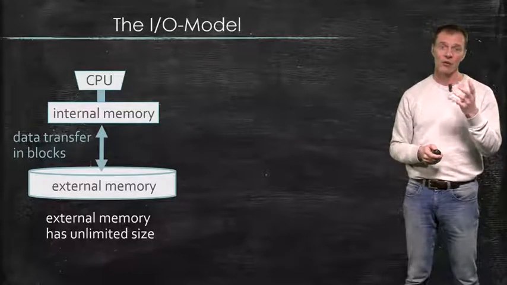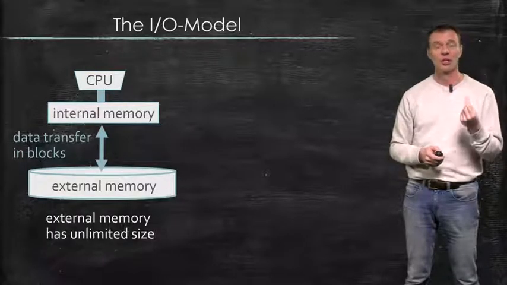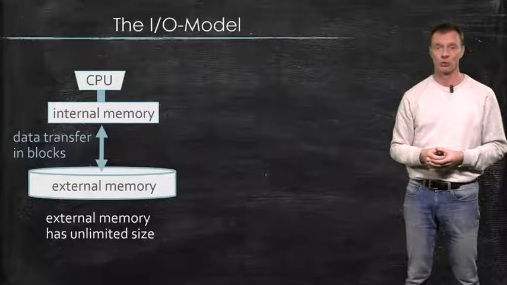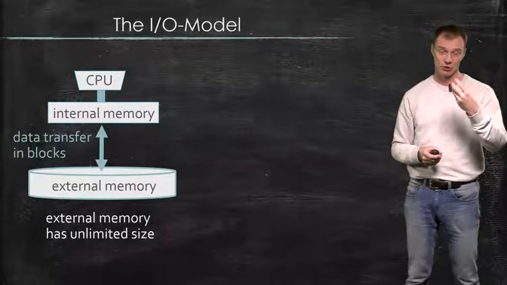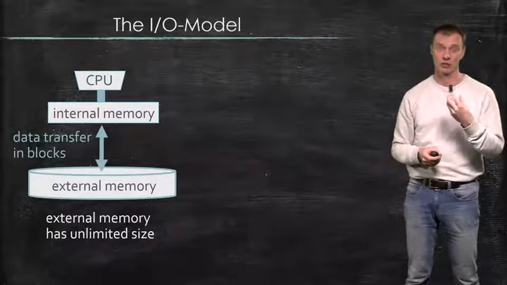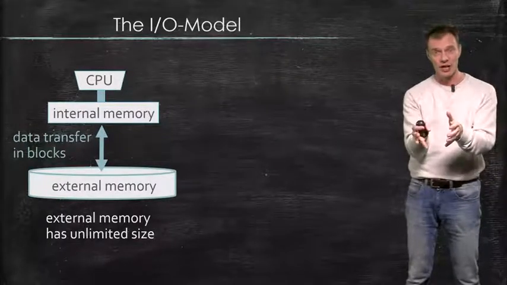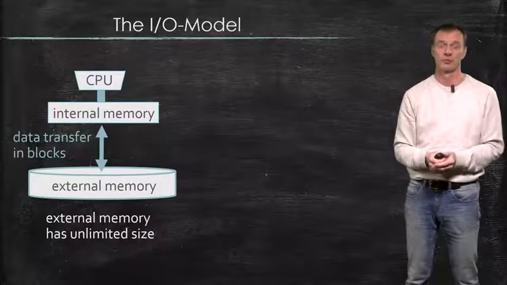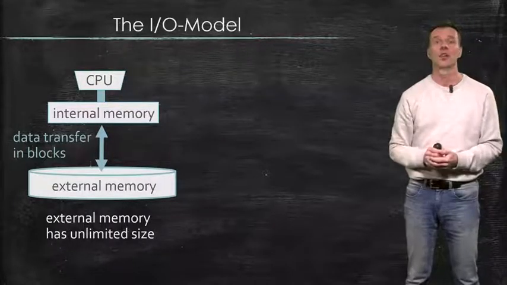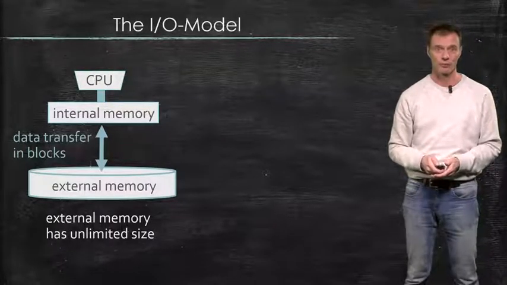And when we need to do a computation, the data needs to be in the internal memory. So if it's not yet in the internal memory, but on disk, on the external memory, we need to read it. And reading data is done in blocks. You don't get a single data element, you get a full block.